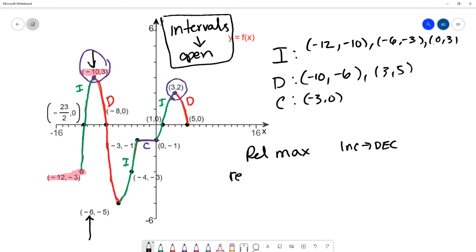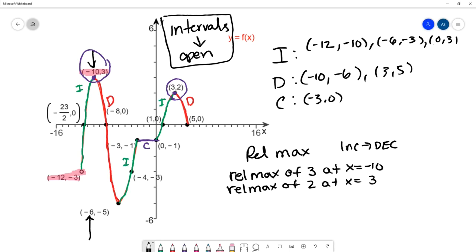We have a relative max of 3 at x equals -10. We have a relative max of 2 at x equals 3. Your book defines relative minimum as a change from decreasing to increasing.